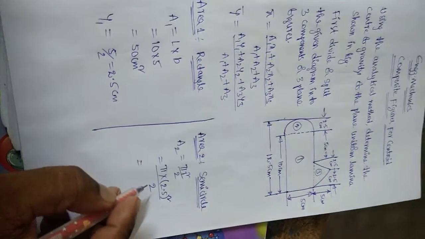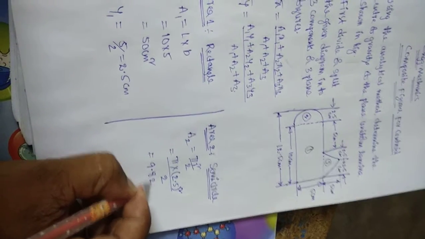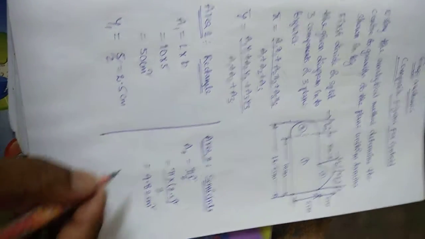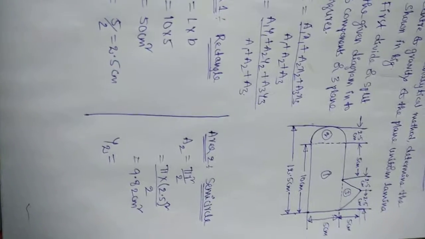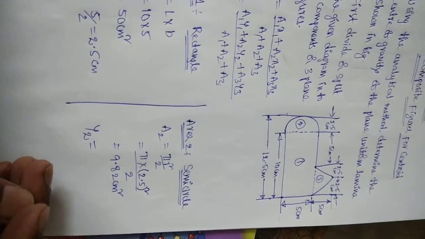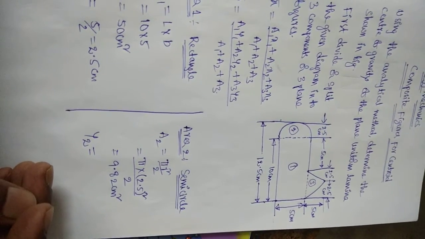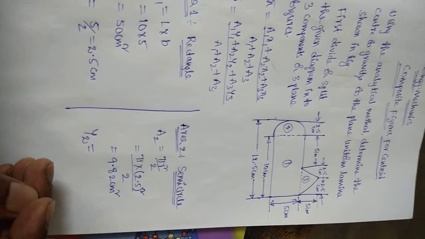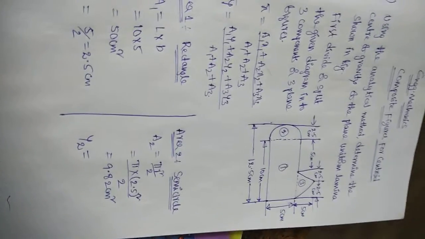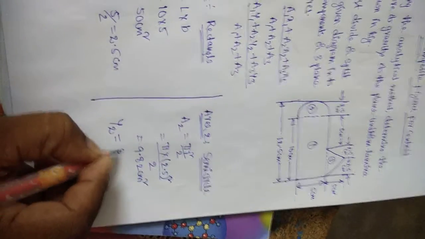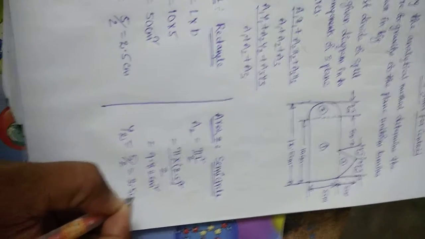Hence I have got A2 equal to 9.82 centimeter square. Now we are trying for Y2. Y2 is equal to 5 by 2, which is 2.5 centimeter.